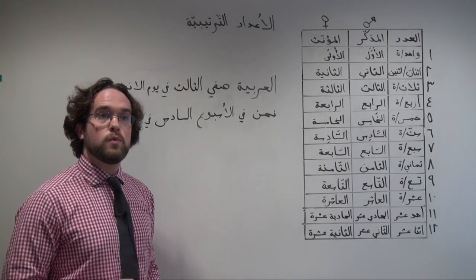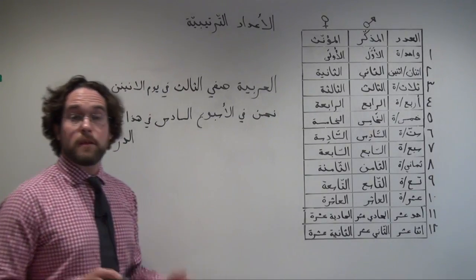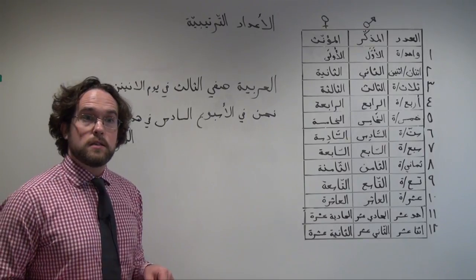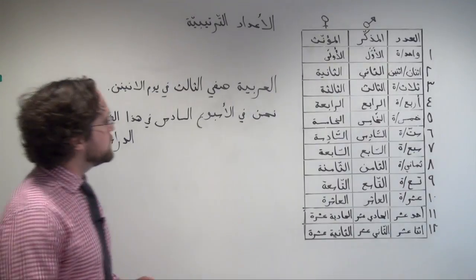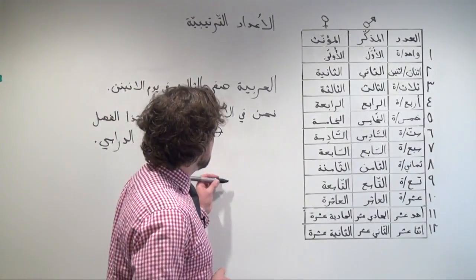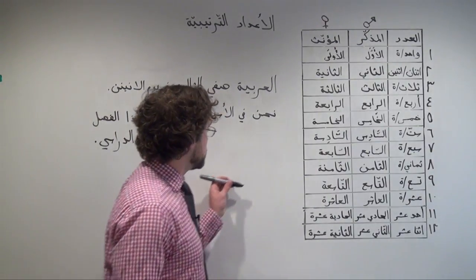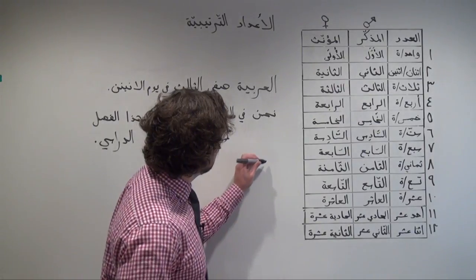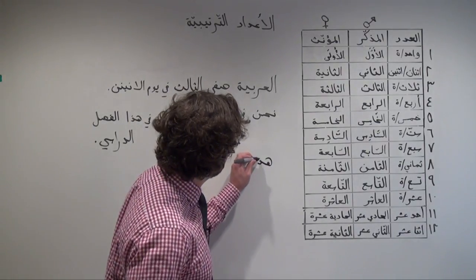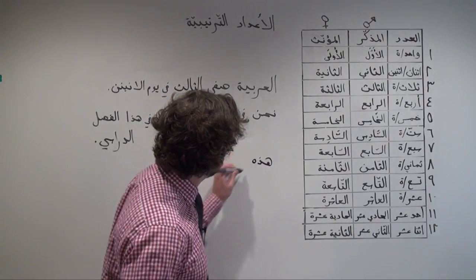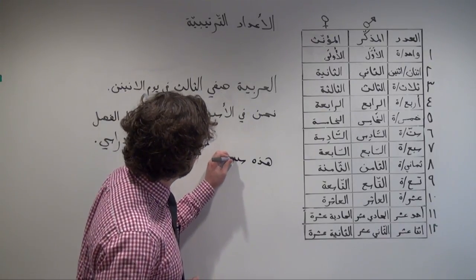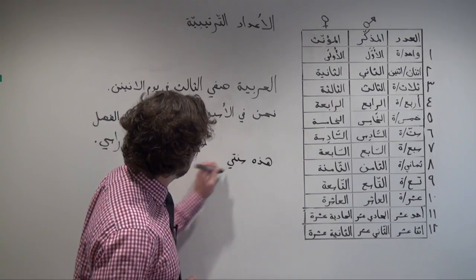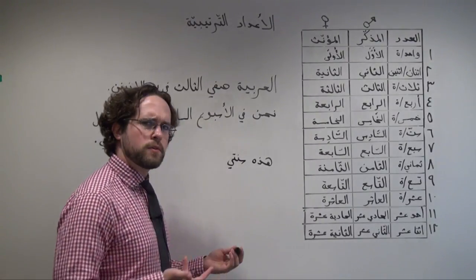Or if we wanted to say, I am in my 4th year at the university, or this is my 4th year at the university, I could say, هذه سنتي, my year, my 4th year.